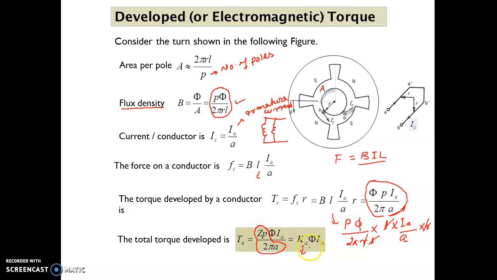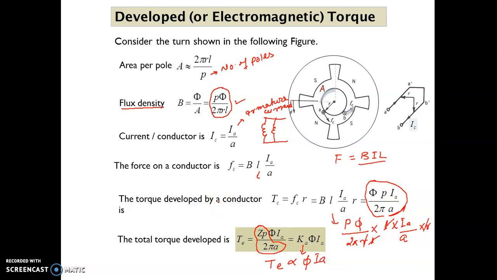KA was already shown in the previous lecture about the induced EMF of a DC machine. So this is called the armature constant. So K is constant. So the torque developed, the total torque developed, is proportional to flux multiplied by current. Flux multiplied by current is called torque.